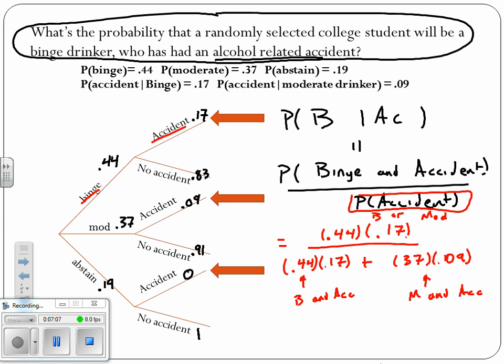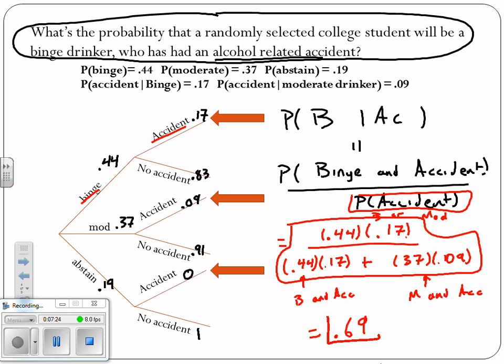This is where the tree is extremely helpful because we basically just have to figure out exactly where all the different scenarios are within the tree. So at the end of the day, when we plug all that into the calculator, we get 0.69. About 70% of the alcohol-related accidents then were caused by binge drinkers.